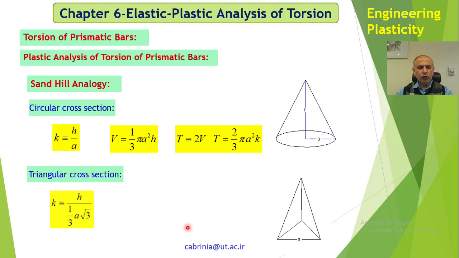Using the same analogy, K is H over a third of A root 3, because all the sides are symmetrical, and the volume is this, so we substitute for H in here, and we get T equal to 2/3 of A cube K. So very simple. You can see that the torque required to yield this prismatic bar is obtained very easily and is equal to that.